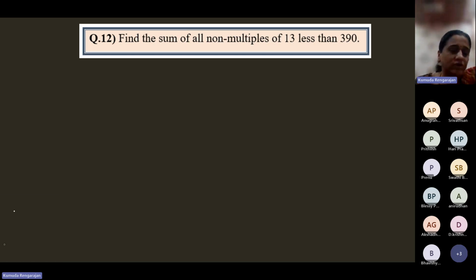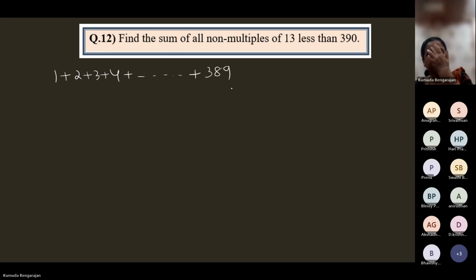So first you need to find this: 1 plus 2 plus 3 plus 4, so on till less than 390, so till 389.